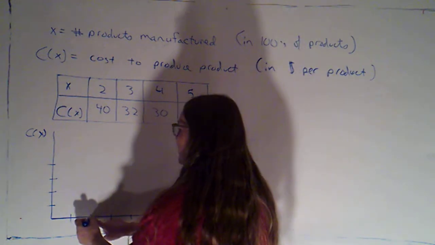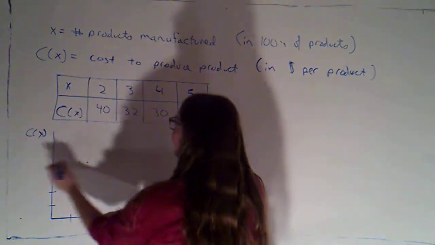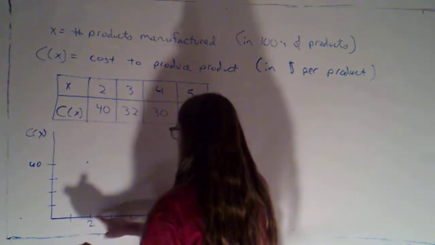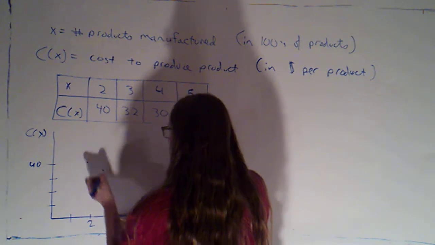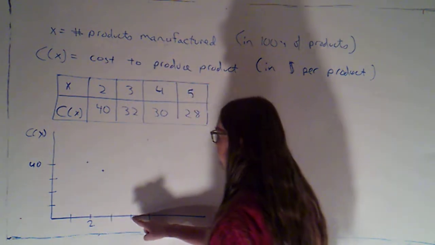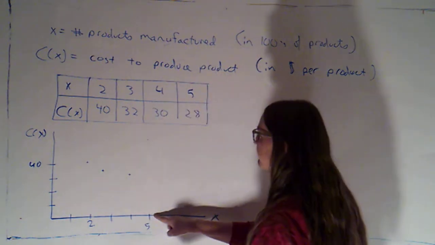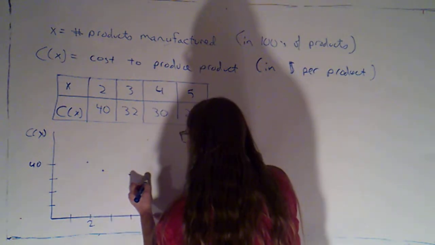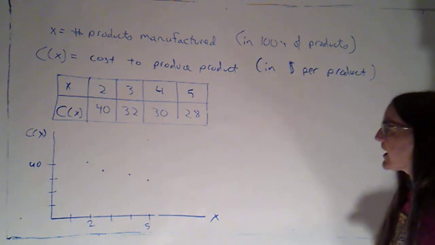So when we're manufacturing 200 products, the cost per product is up here at 40. When we're manufacturing 300, we're at 32. When we're manufacturing 400, we're down to $30 per product. And 500, we're down to $28 per product. So those are my points right there.